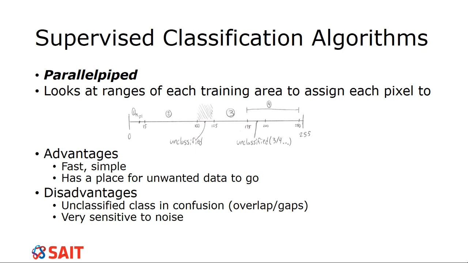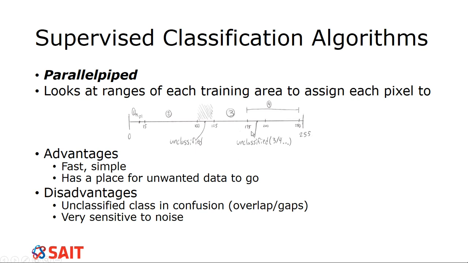This is really important when you are creating your training areas, especially with this algorithm. For those of you who like to keep things as simple as possible and put in as little work as possible, and you just draw big blobs everywhere and classify, your entire image is going to have ranges that overlap, and it's going to come back black.